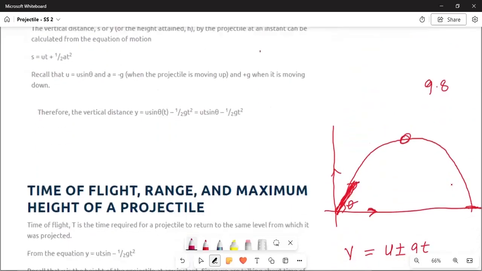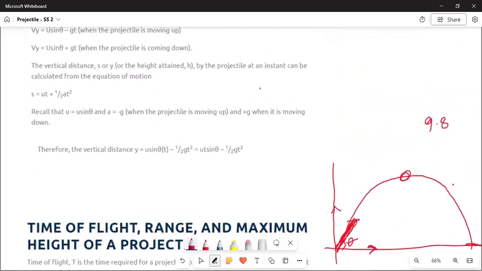Also, we can calculate the vertical distance of this object at any instance of time. The object is going up until it attains a maximum height at this point. And once maximum height is attained, there is no more vertical component of velocity. It's zero. Because of that, the object begins to come down again.